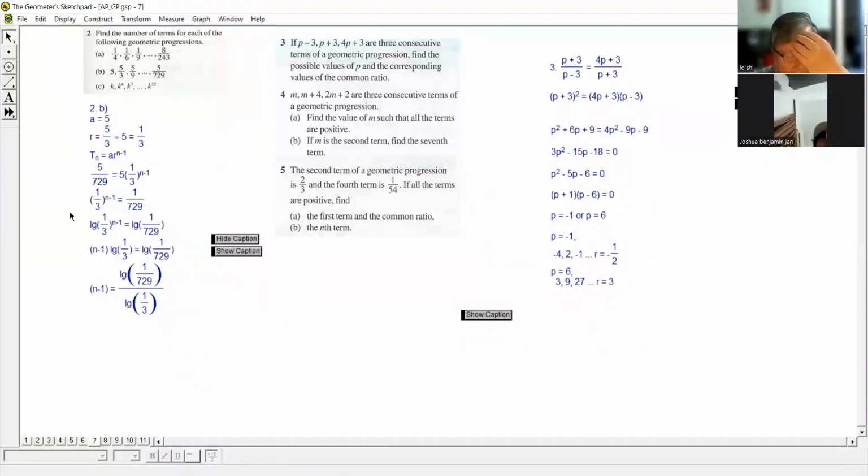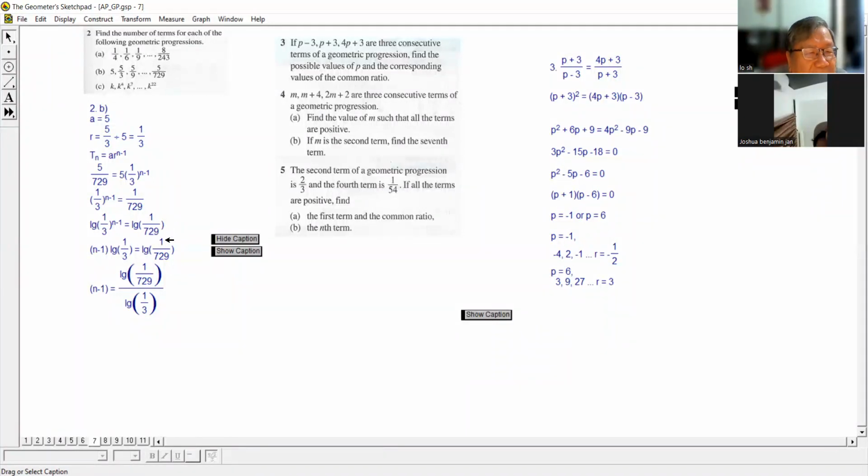If you don't know logarithm, never mind. You just remember the steps. Okay or not? You just take log, then the number at the top, you put in front. That solves everything. So log of 1 over 3 is actually a number. Log of 1 over 729 is also a number.